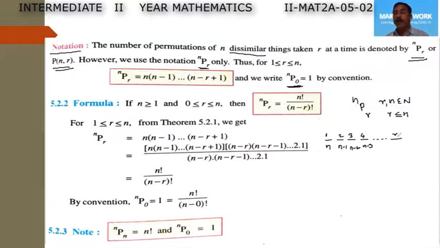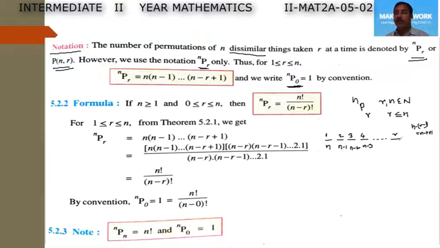When we come to the rth blank, already r minus 1 blanks will have been filled. Therefore, the number of elements available in our hand will be n minus (r minus 1), that is equal to n minus r plus 1. So these many elements are available to fill the rth blank.